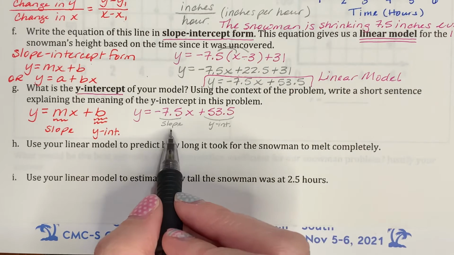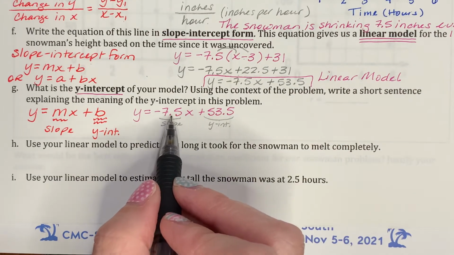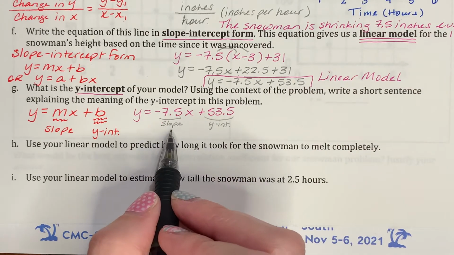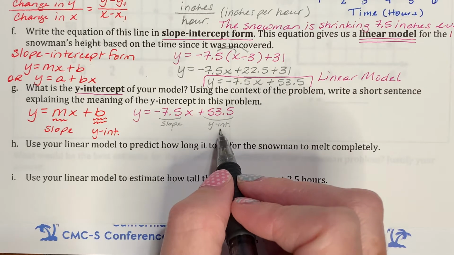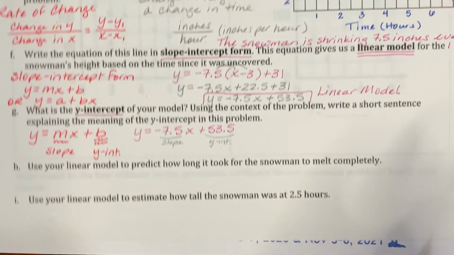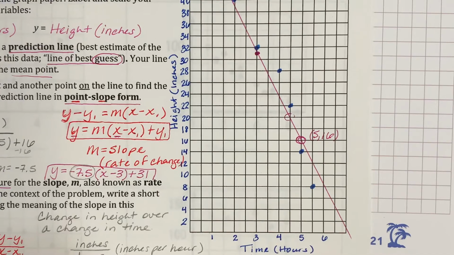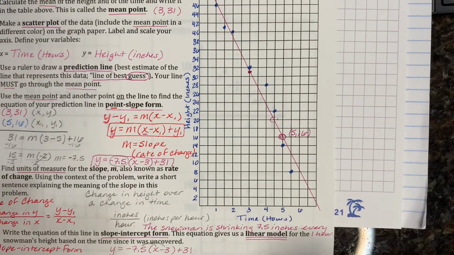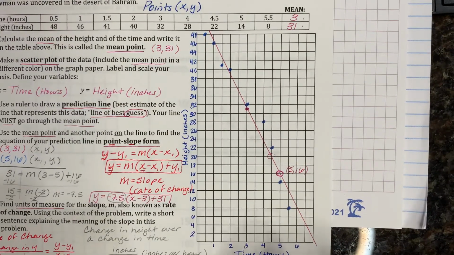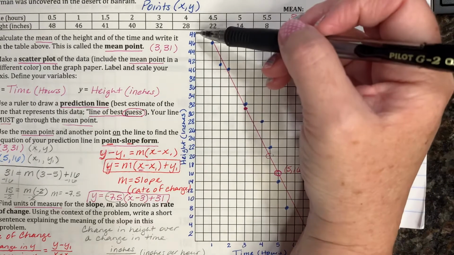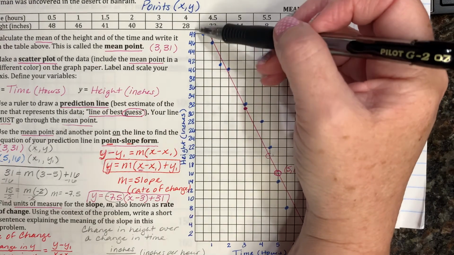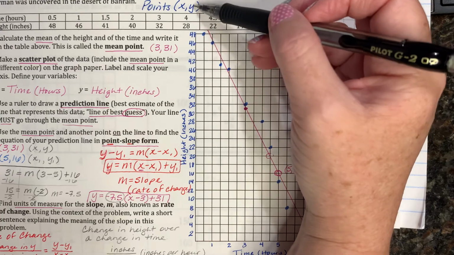Right? This is my rate of change. He's losing 7.5 inches every hour. This is what? What is this 53.5? So let's look at my graph. I'll try to zoom out here a little bit so we can see more. Do I even see 53.5 on the graph? I don't. The most I see is 48, right?